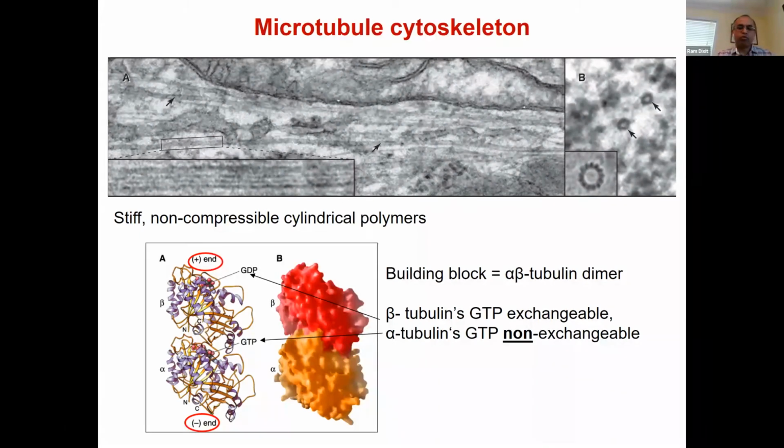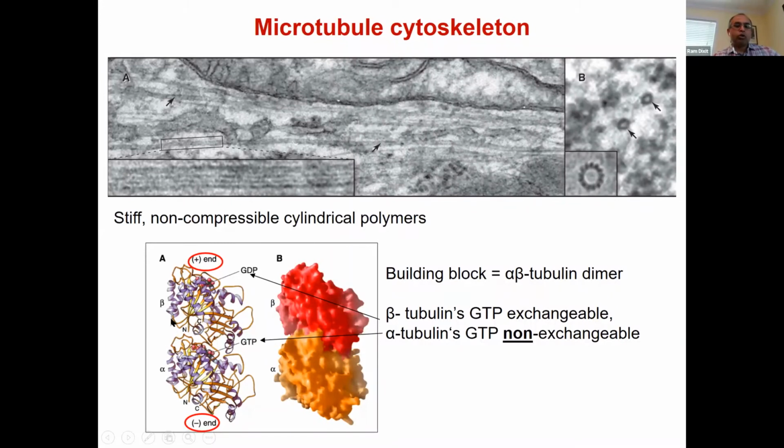There's a very elaborate chaperone machinery that is responsible for assembling these correctly. This is what the heterodimer looks like here, a space-filled version and then this ribbon version. Both alpha and beta tubulin bind to GTP. Actin is an ATP binding protein; tubulin is a GTP binding protein.